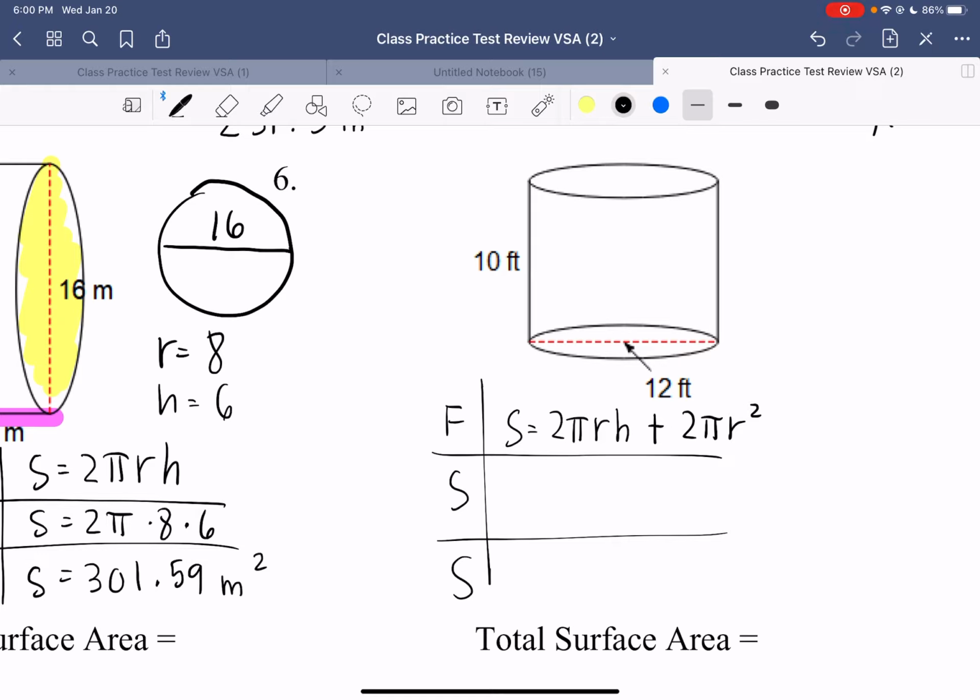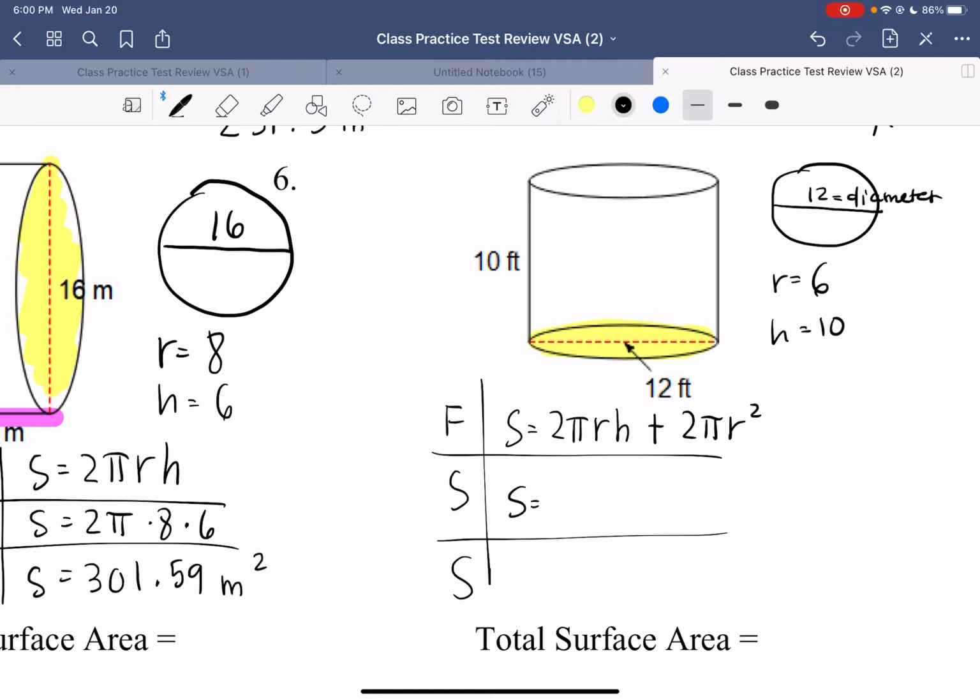I'm going to highlight my base, or you could shade it. If I redraw that, the number they give us is 12, which is our diameter, so our radius is half of that, which is 6, and the height is 10.